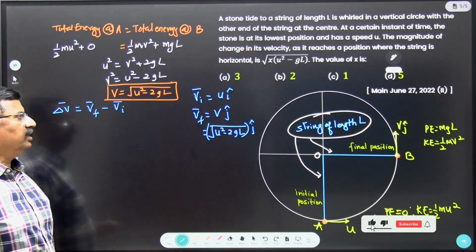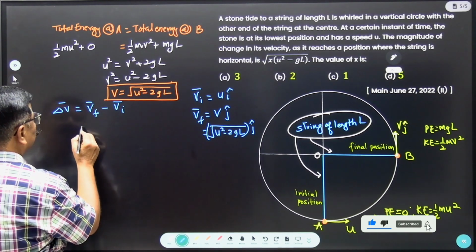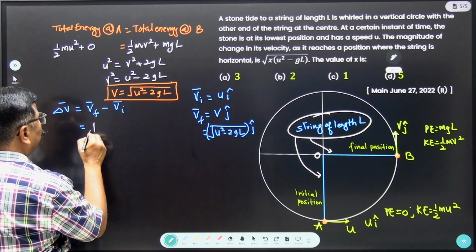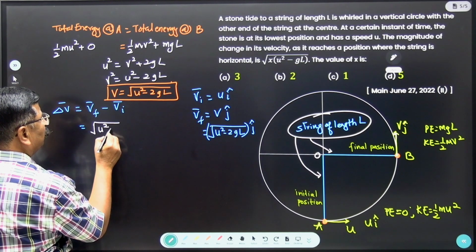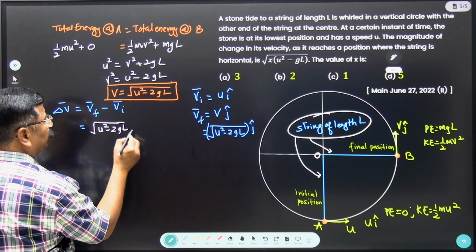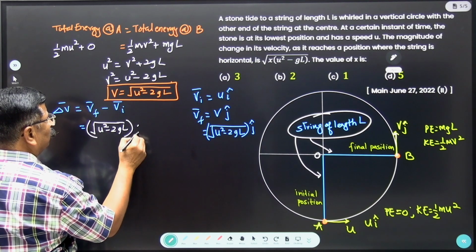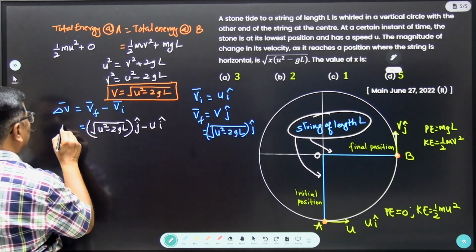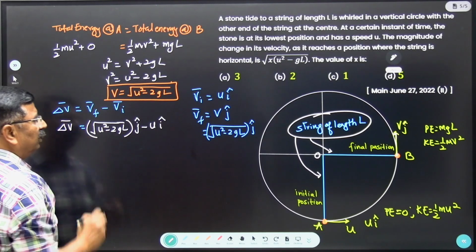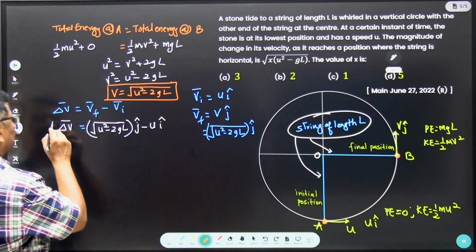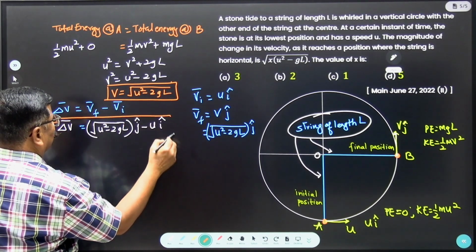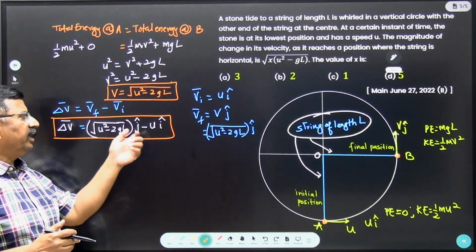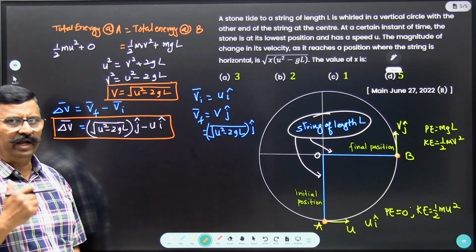Final velocity is under root u square minus 2gl into j cap, minus initial velocity u into i cap. So therefore delta v vector is finally under root u square minus 2gl into j cap minus u into i cap.